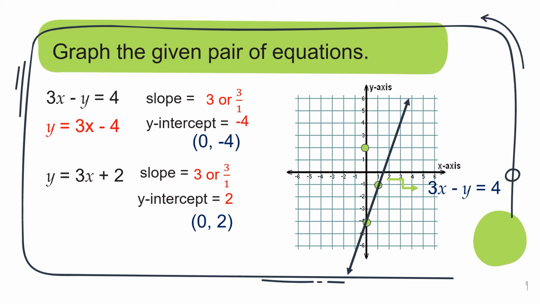Rise is positive 3, so we have to count positive 3 upward. 1, 2, 3. And for the run, we have positive 1, and that is going to the right. And our point now is located at 1, 5. Connecting the points, we have now the graph of y is equal to 3x plus 2.